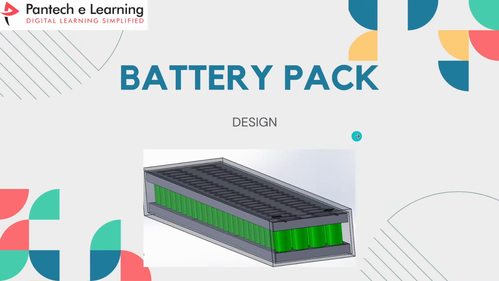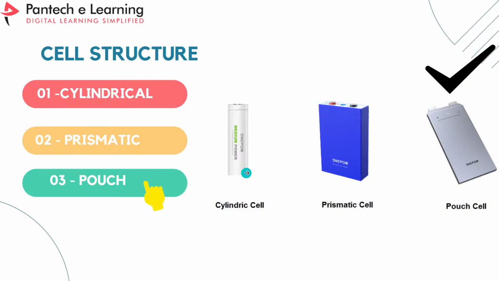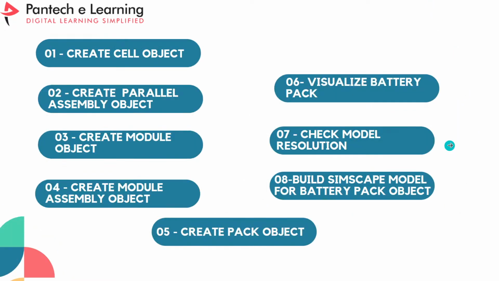So today we are going to design this battery pack, and for that we are taking the pouch cell. In the first class we saw the cylindrical, prismatic and pouch structures. These are all the common structures available in batteries, and today we are going to take the pouch cell.